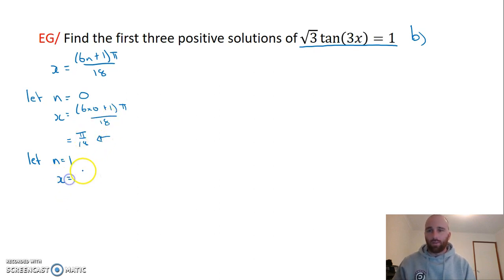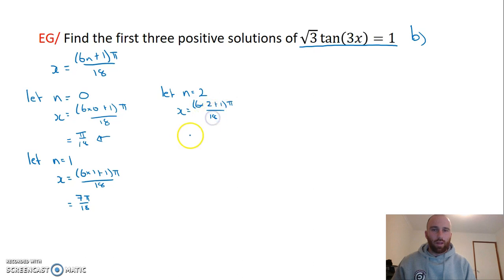So this becomes x equals (6 times 1 plus 1) pi all over 18. So 6 times 1, 6 plus 1 is 7, so this becomes 7 pi on 18. And over here, I'm going to let n equal 2. So x equals (6 times 2 plus 1) pi over 18.